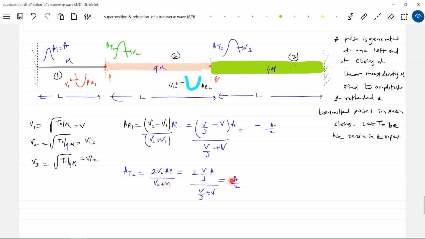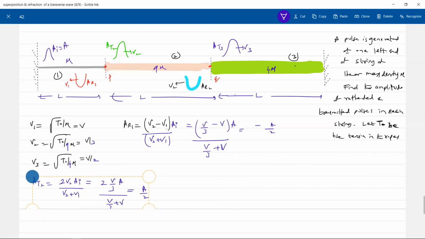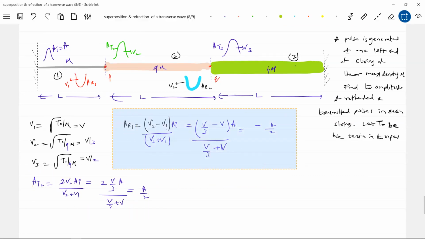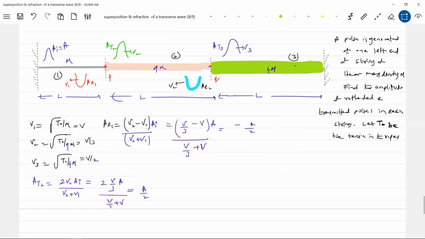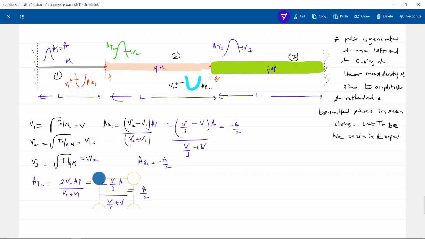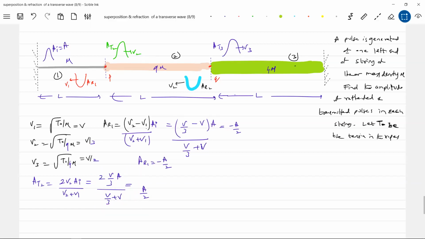I got plus A by 2. You see that, minus A by 2 is AR1, and this is plus A by 2. I'll justify my assumption, because some students will ask why you are assuming like that. So what is AR1? Minus A by 2. Calculation, check it once. I think everything is fine here.